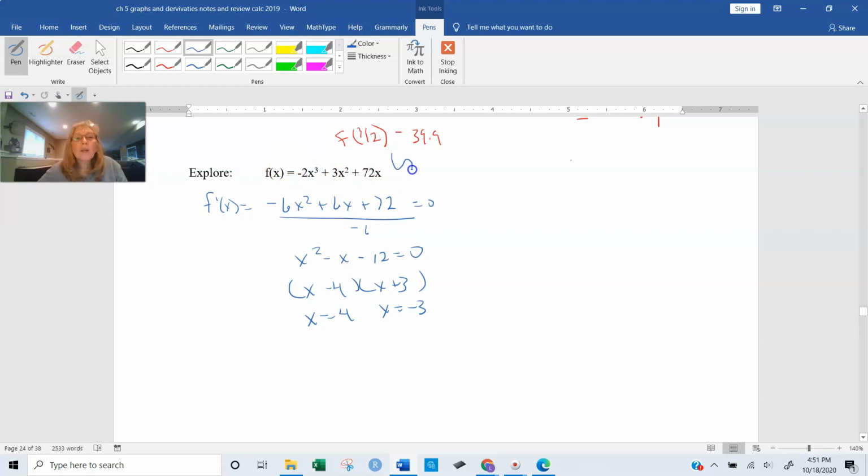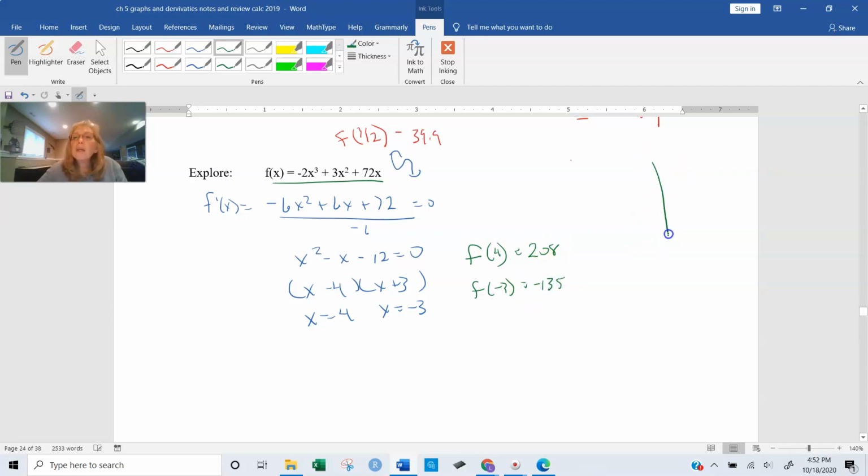So it's going to look like this. We know that. So now we're going to plug in. We've got to find our points, correct? So I need to plug into my original, f of 4 and f of -3. So again, you're finding points. So they're going in up here using their table mode. And you get 208 and -135.